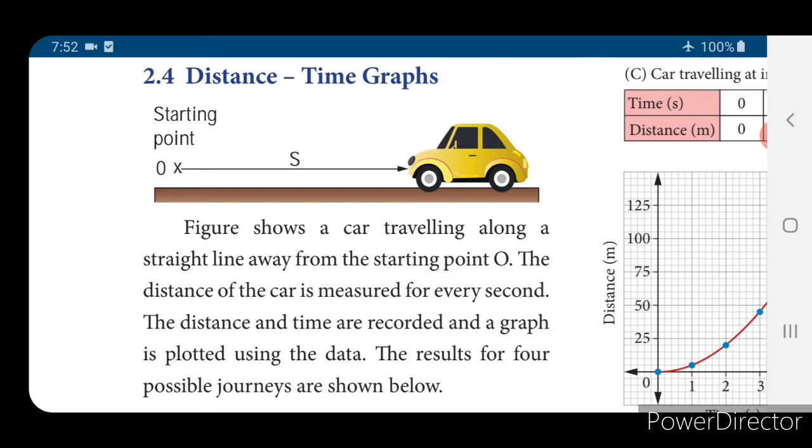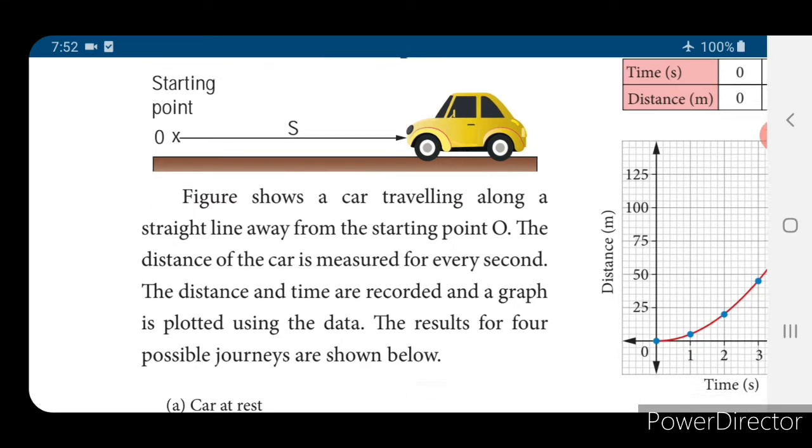The results for 4 possible journeys are shown below. The car starts from the point O and after each and every second, the distance and time are recorded and the graph is plotted.